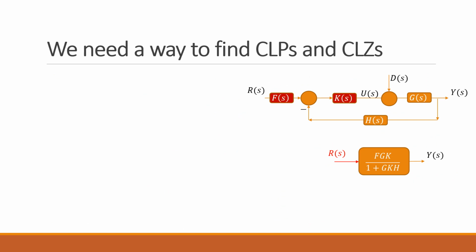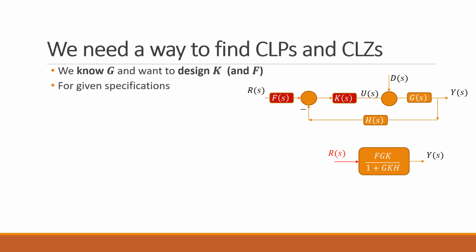Now, to summarize all this, we have a closed loop system. In that closed loop system, we are given the plant and we're given the sensor. We want to design the controller and possibly the pre-filter, but we have to design with the specifications of the output Y in mind. The stability specification means the closed loop poles, the poles of FGK over 1 plus GKH, should be in the left half plane.